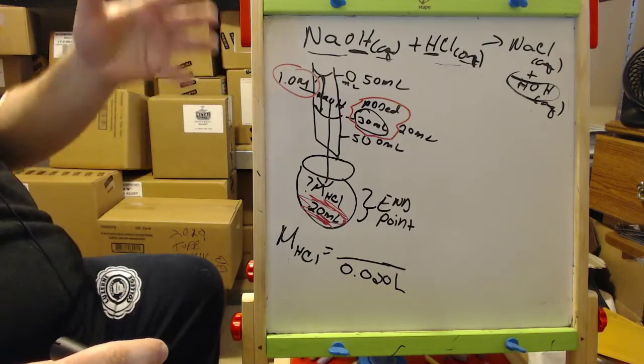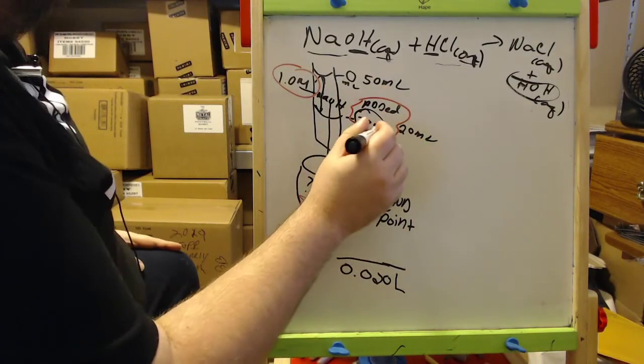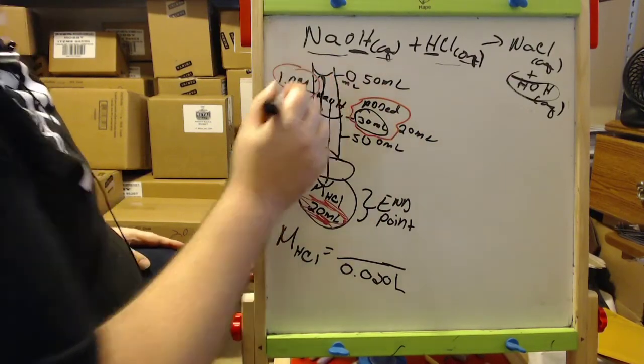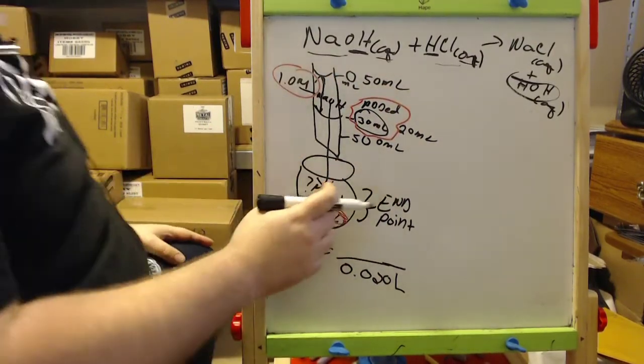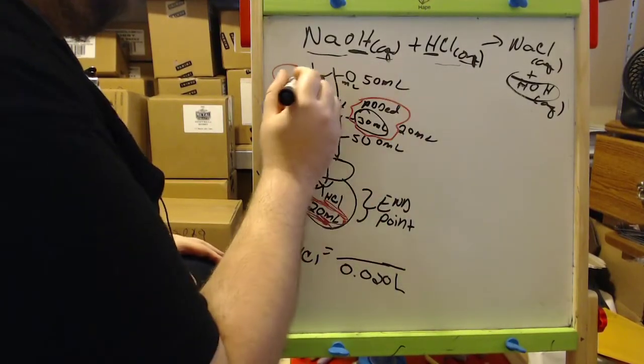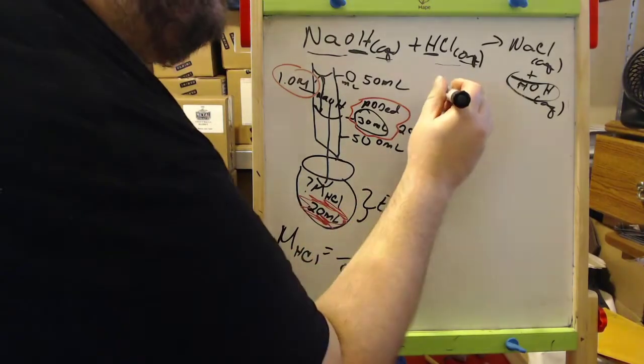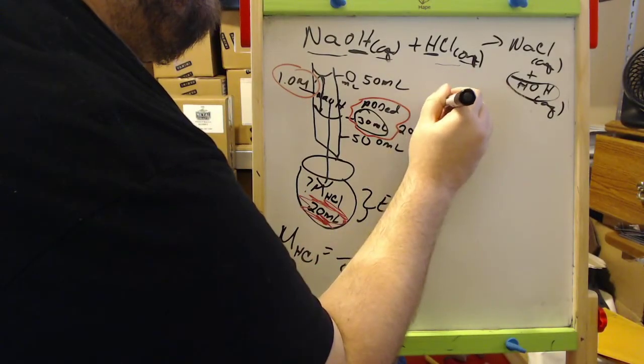How many moles of HCl are there? Well, it took 30 mils of 1 molar sodium hydroxide to react with the 20 mils of HCl. Well, the first thing I could figure out, I have a concentration and a volume of NaOH.